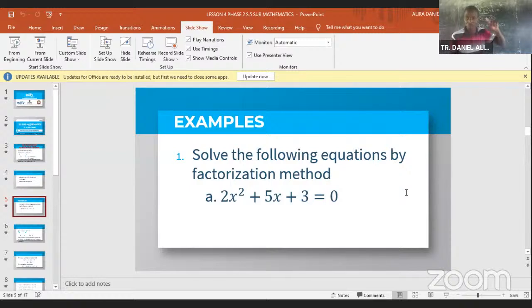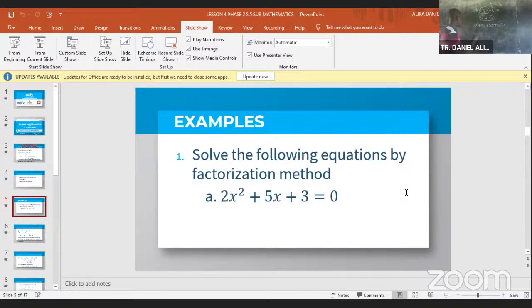Now, the moment you have replaced them, you will have 4 terms. This is the first term, second term, third term, and the fourth term. Having got 4 terms, you group them into 2. You group the first 2 terms alone and the last 2 terms alone.